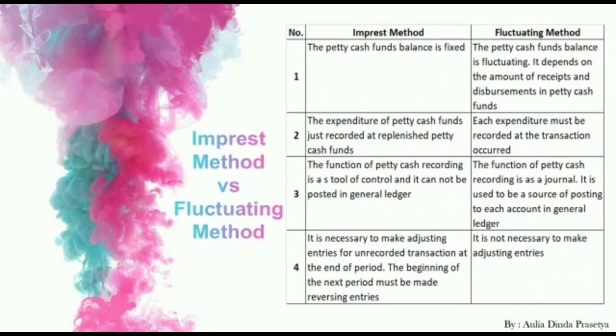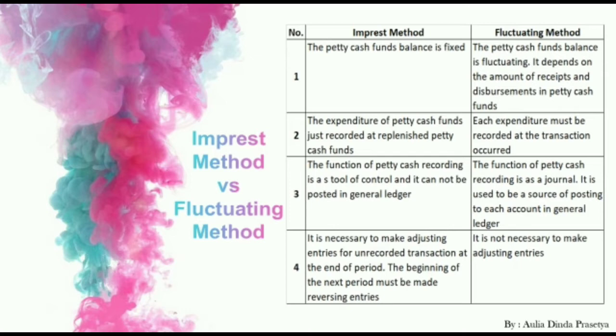As you can see on the screen, there is a table for impress method versus fluctuating method. The first point is, for impress method, the petty cash funds balance is fixed, while for fluctuating method, the petty cash funds balance is fluctuating.